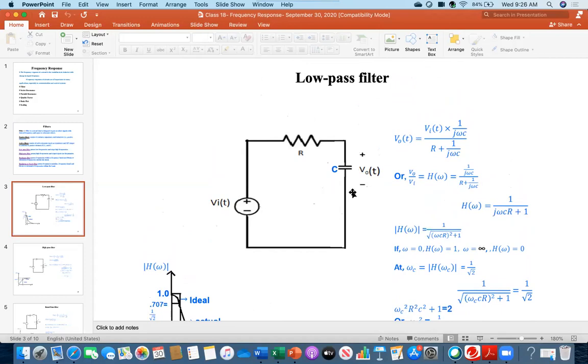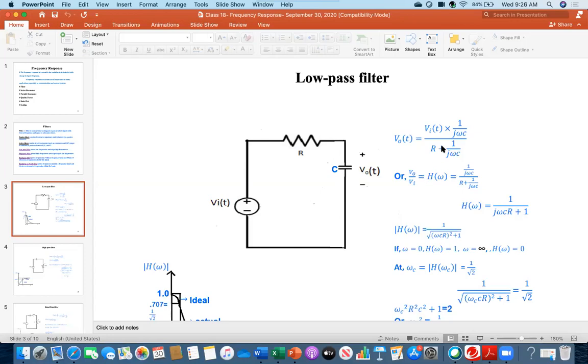Let's have a look at its transfer function. As I said, you have to express your transfer function in terms of omega, because omega involves the frequency. We are looking at the frequency variation. Filter means the frequency response, so everything is in terms of frequency.